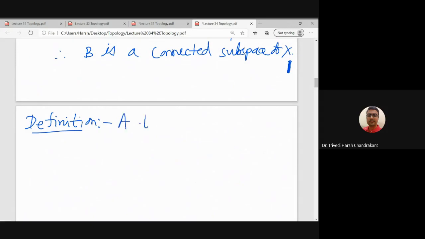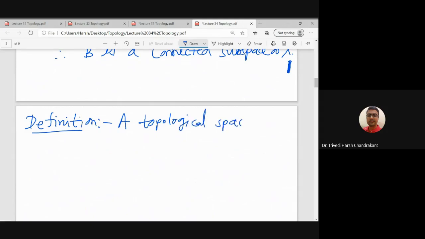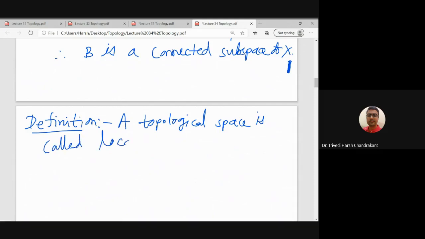A topological space is called locally connected. So we have seen connected topological space. Now this definition is regarding locally connected topological spaces.